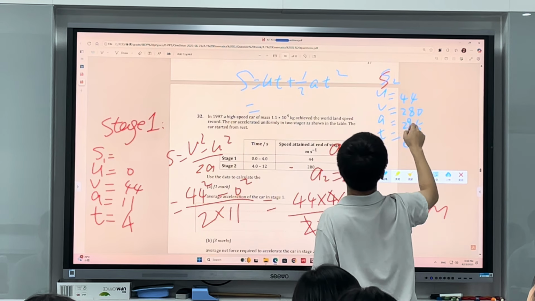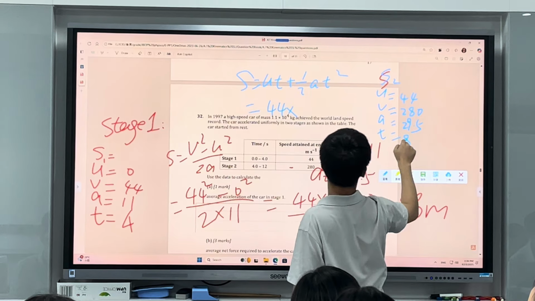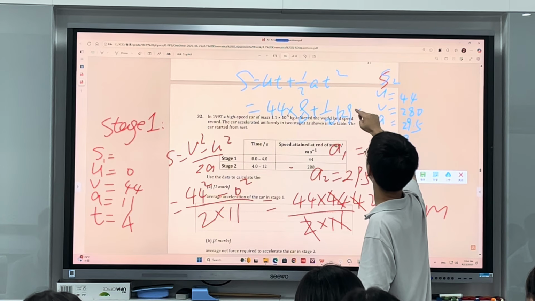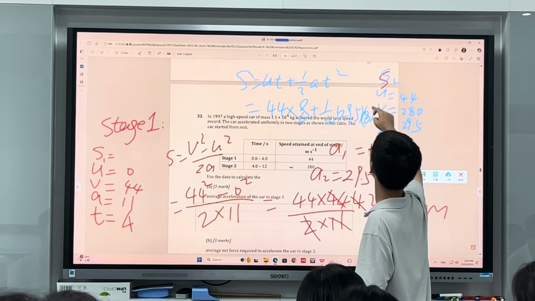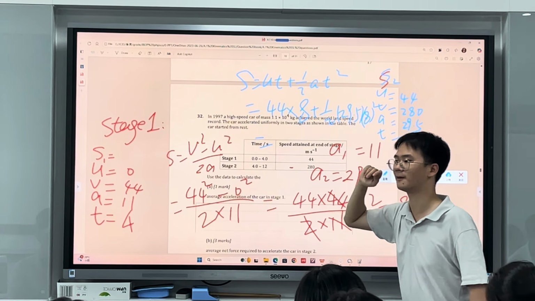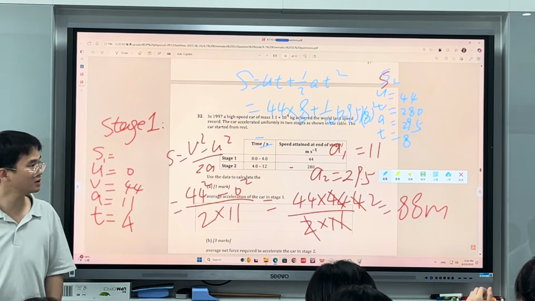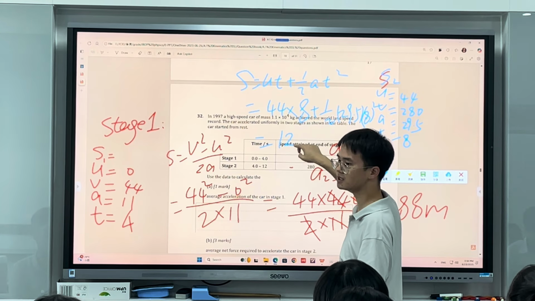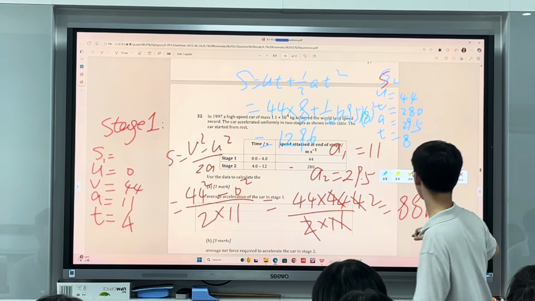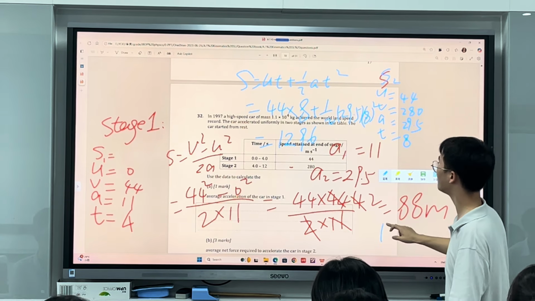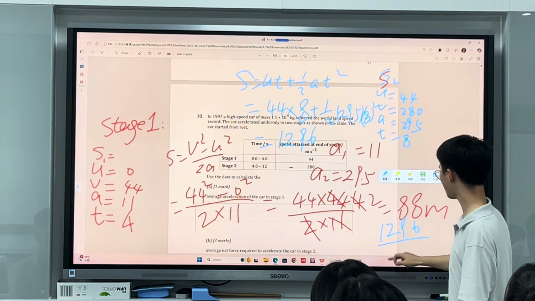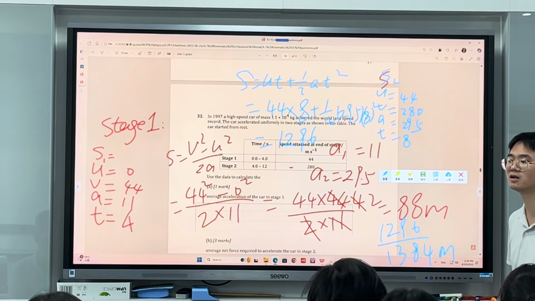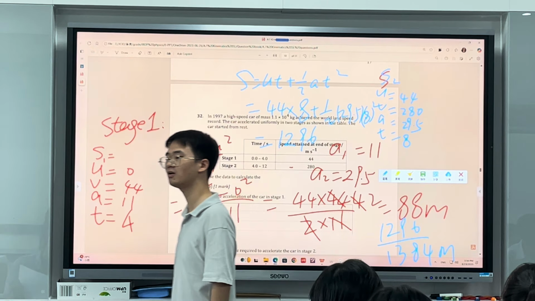Then we're gonna have 44 times 8 plus 1/2 times 29.5 times 8 squared. What's the final answer? 1,296. And then you plus 88, so you get 1,384. Is that the final correct answer?